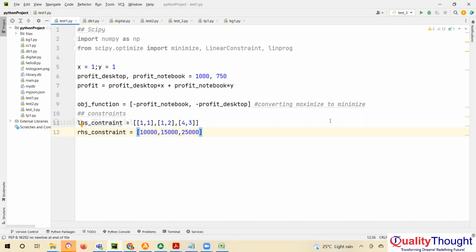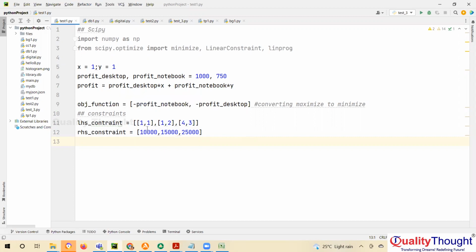The values X and Y can take are integers from 0 to infinity. It cannot take negative values. We call them bounds. For each value, we have to say what the maximum is. Let's say you had a constraint that you cannot manufacture more than 10,000 desktops. Then it will be 0, 10,000.